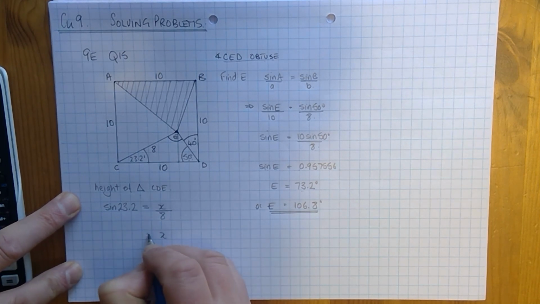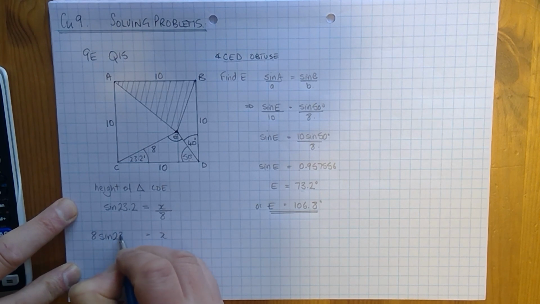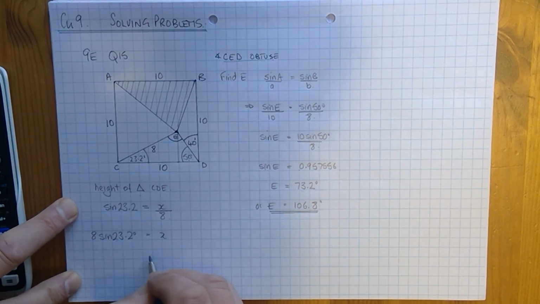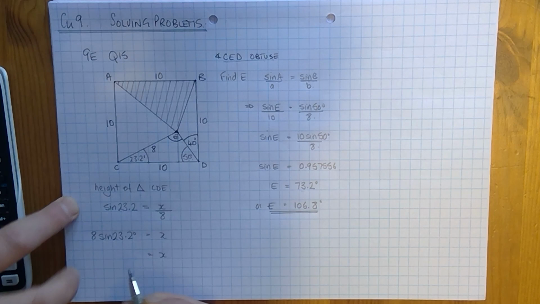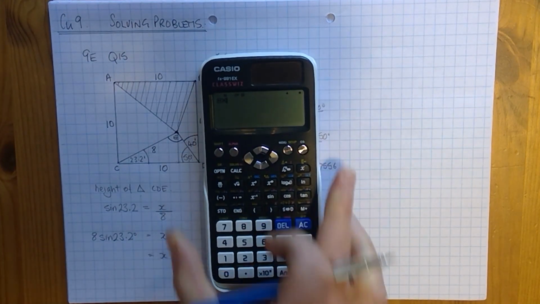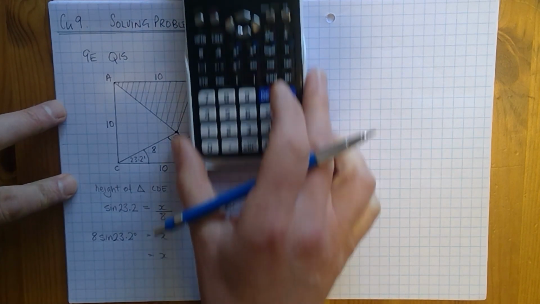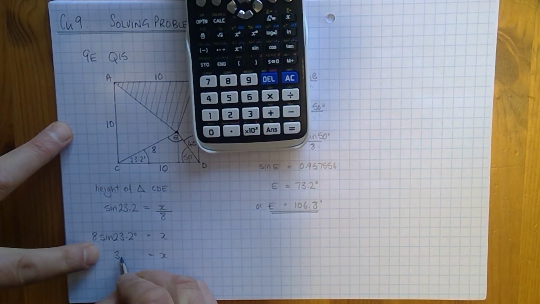So height is therefore 8 times sine 23.2 degrees, which is 3.15 centimeters. So x is 3.15 centimeters.